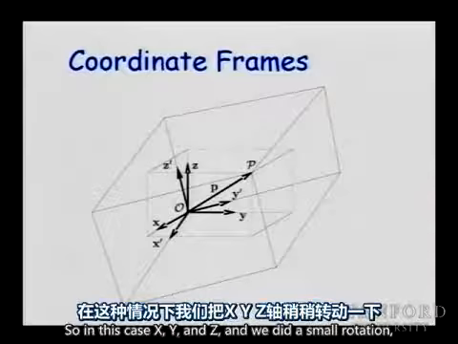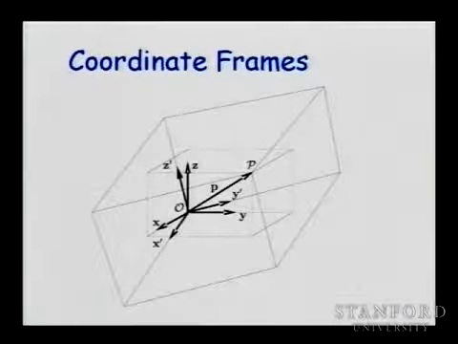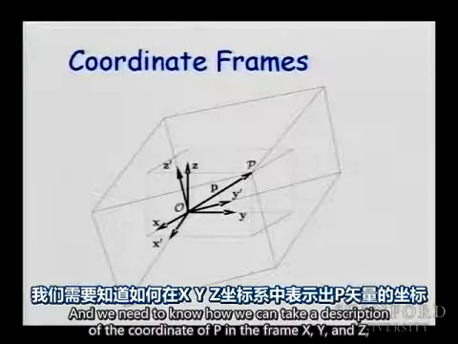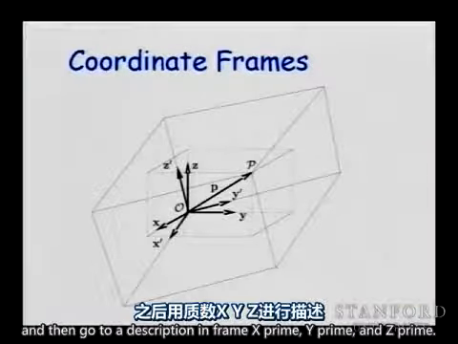So in this case, x, y, and z, and we did a small rotation about the same origin, and we ended up with a different frame. And we need to know how we can take a description of the coordinates of P in the frame x, y, and z, and then go to a description in frame x prime, y prime, and z prime.